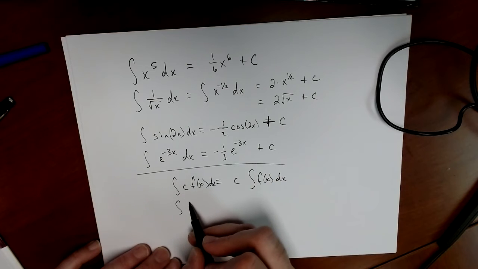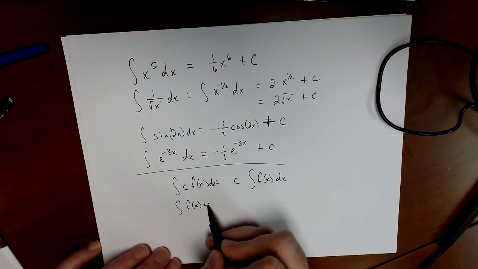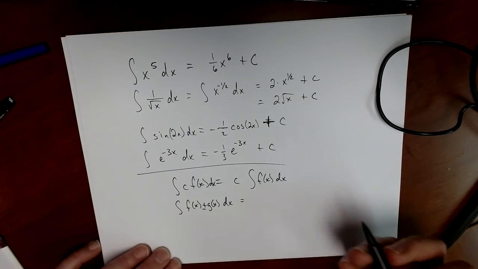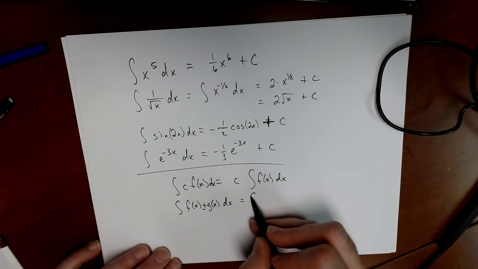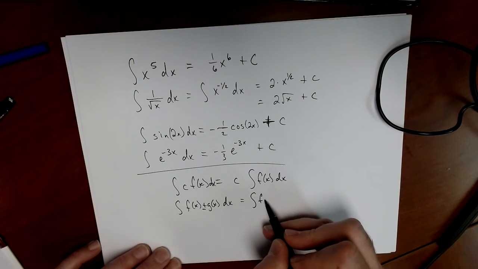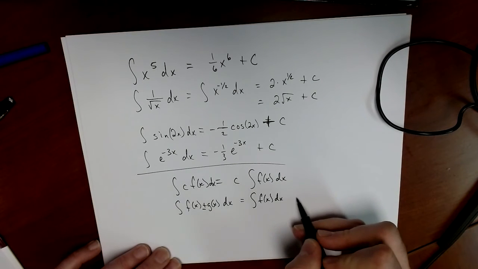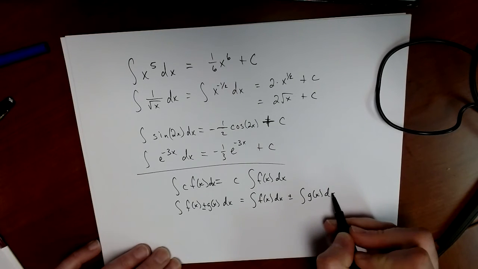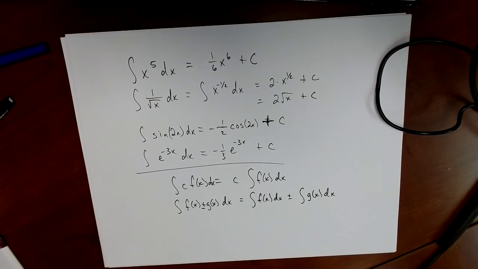The antiderivative of f of x plus g of x, or minus for that matter, is equal to the antiderivative of f of x dx plus or minus the antiderivative of g of x dx. So I can take it term by term. I can take the antiderivative term by term. And I already did that in one of the first examples. So that's really not that big a deal.